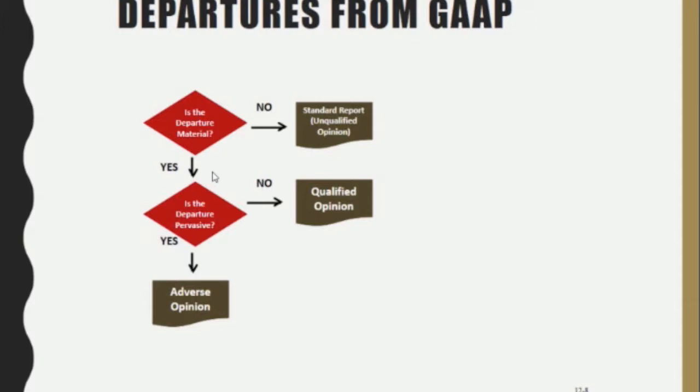We'll talk about the wording in a moment. But if the auditor determines that it is pervasive, that means it materially impacts the entire financial statements as a whole, all accounts, then it's going to be an adverse opinion because the auditor cannot say that the financial statements are in accordance with GAAP if it has a pervasive effect.